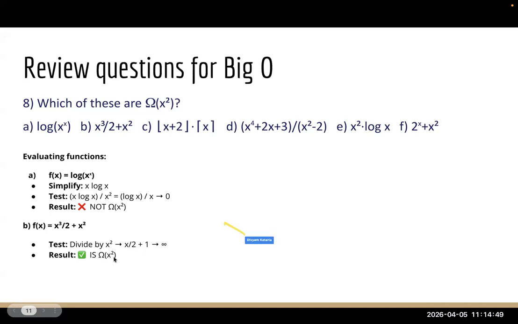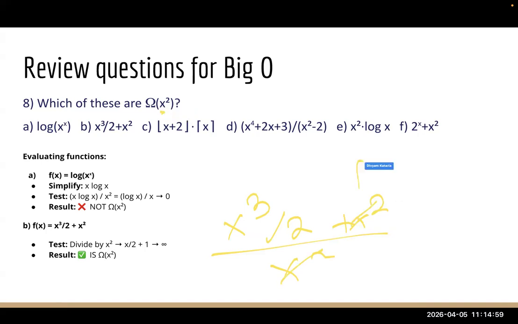We can see this worked out over here as well. x cubed over 2 plus x squared over x squared, which was our m term. Now this cancels out, this becomes 1. This cancels out, and this stays as x. So x over 2 plus 1, which is just infinity. That's why it's omega x squared.